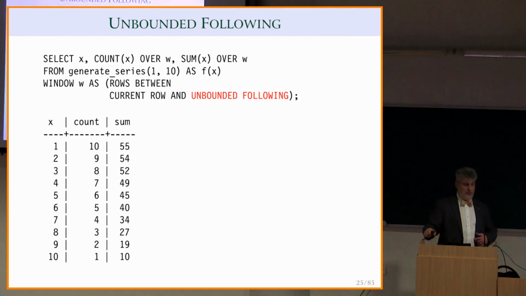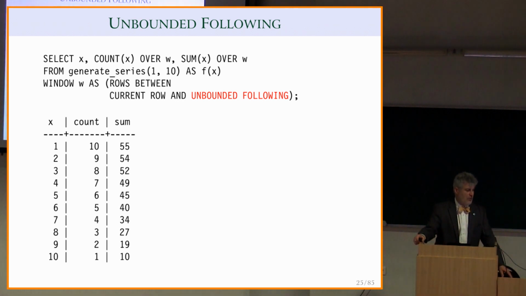Here's a different one. What did we do here, right? This is rows mode between current row and unbounded following. So instead of summing or counting from the beginning to the literal current row, we're counting from the current row to the end of the set, end of the partition, end of the frame in this case.